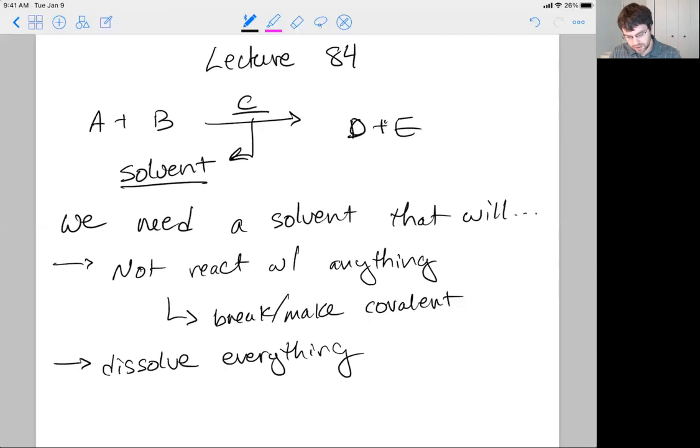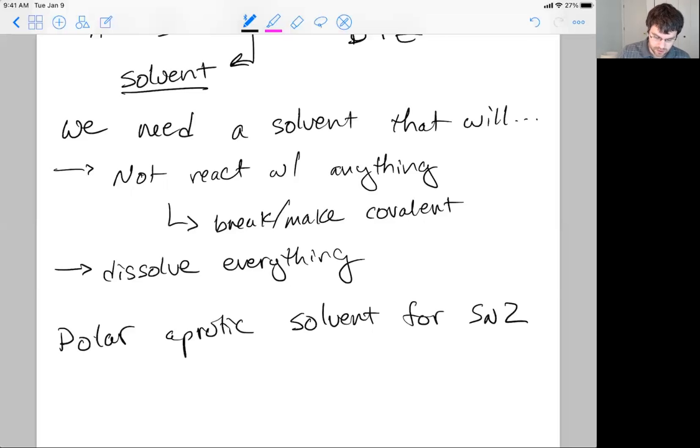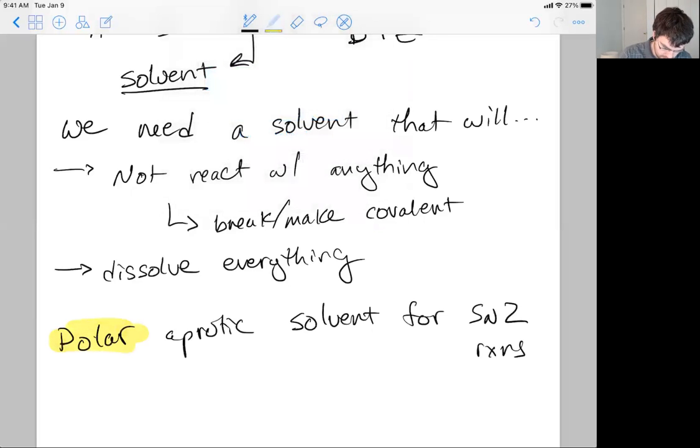Okay, now what this gets to is a term called a polar aprotic solvent. And this is what's required for SN2 reactions. Okay, so polar and aprotic. So the polar, that comes from something with a permanent dipole.